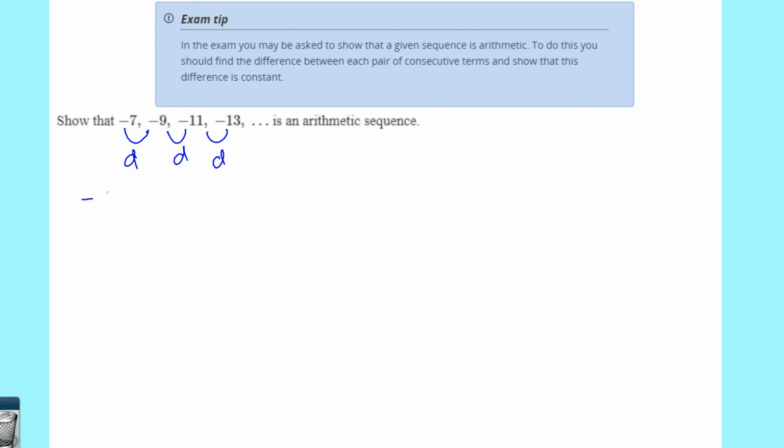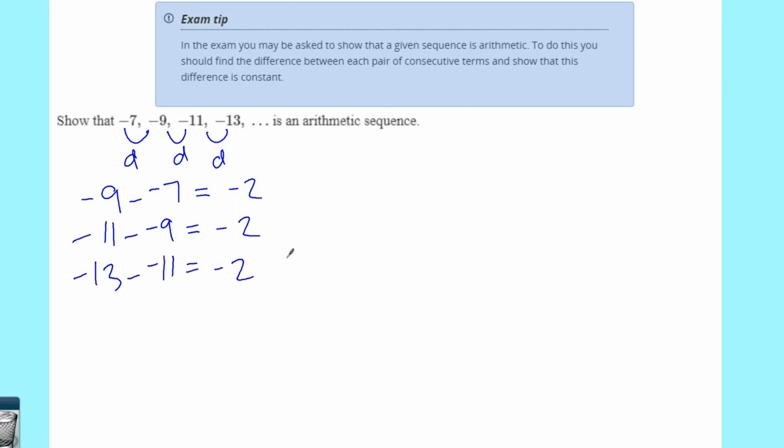So -9 minus -7 is, we add, that ends up adding 7, so that's -2. Then make sure the difference here, -11 minus -9 is -2. -13 minus -11 is -2.